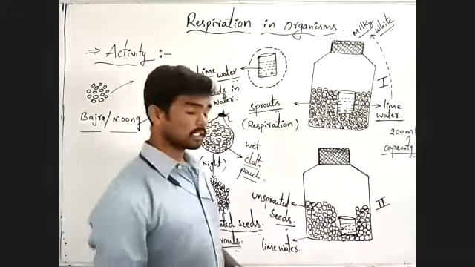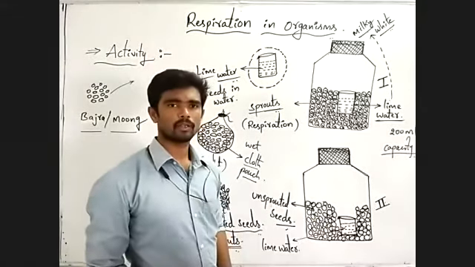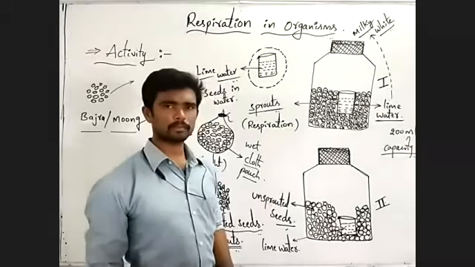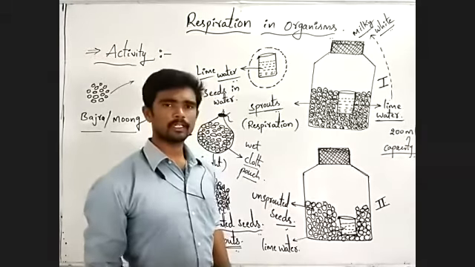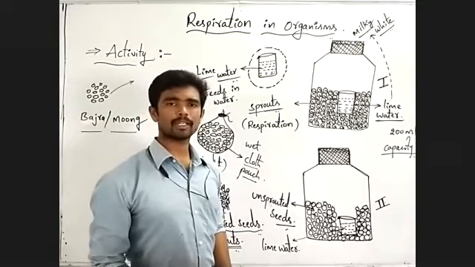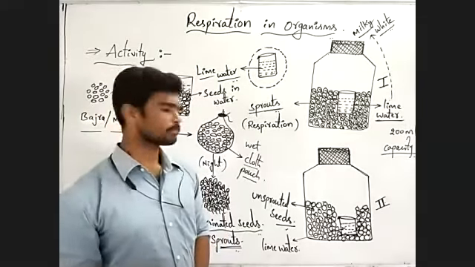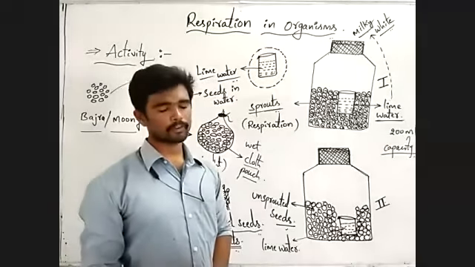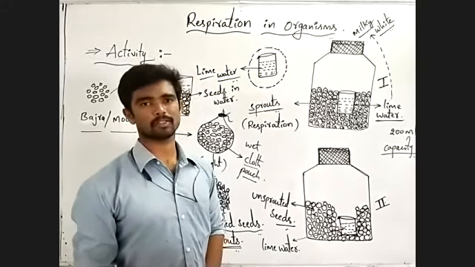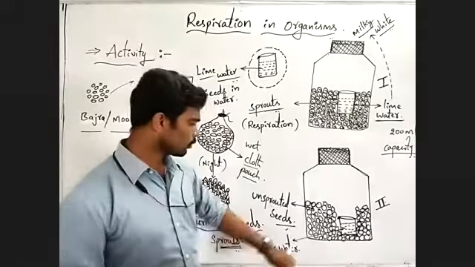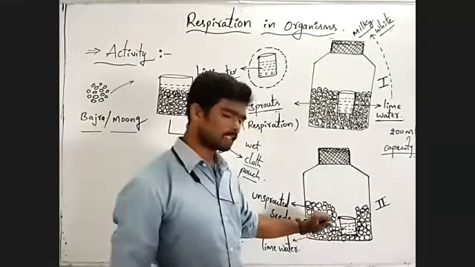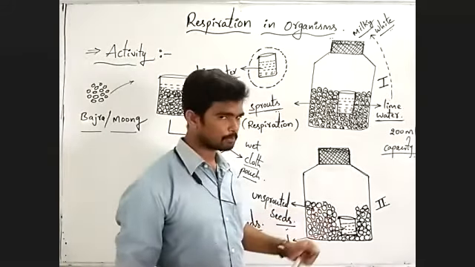They are not germinated. Before germination, they do not need oxygen or any other metabolic activity. After the germination process, germinated seeds perform different types of life processes. Here we placed unsprouted seeds, that is why they do not perform the respiration process.